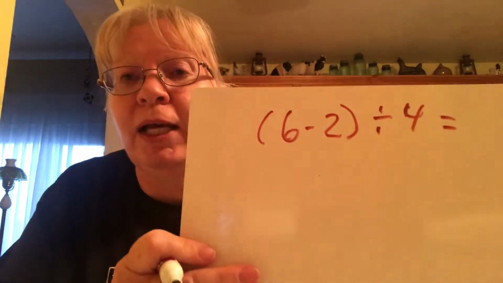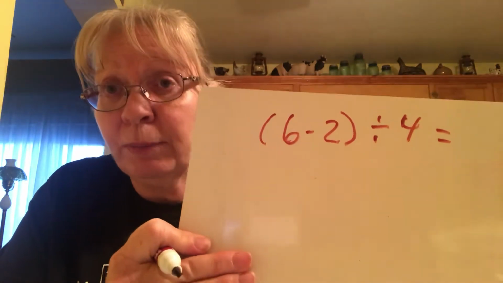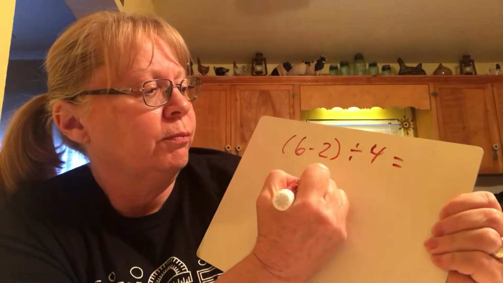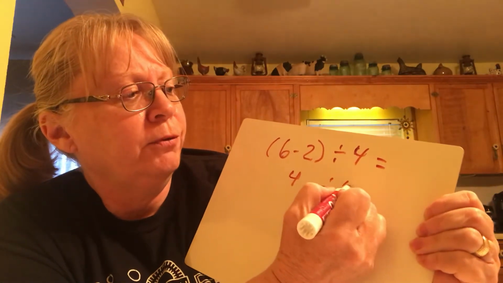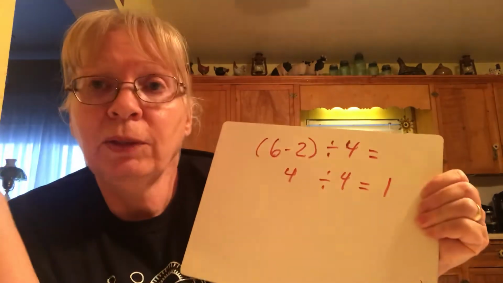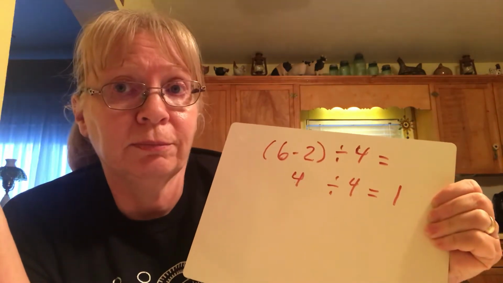They have parentheses 6 minus 2 divided by 4. Okay, so I have to do what's in the parentheses first, remember? So 6 minus 2 is 4. And it's divided by 4. Well, 4 divided by 4 is 1, because there's only one 4 in 4. Okay.